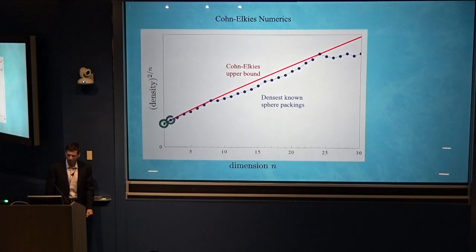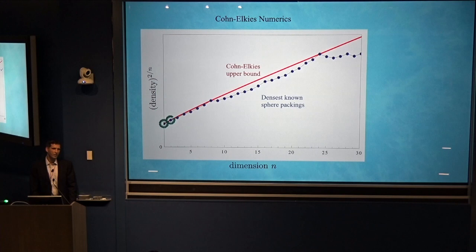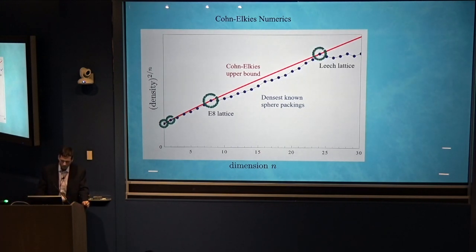So down at the bottom of the plot, we have the solved cases. Well, at the time, the only solved cases, which were the hexagonal lattice and the Kepler problem in 3 dimensions. But what they observed was that their bound hits known sphere packings also in 8 dimensions, where the bound hits the packing density of the E8 lattice, and in 24 dimensions, where their numerical bound hits the density of the Leech lattice.